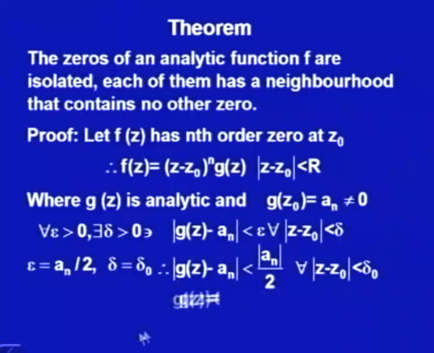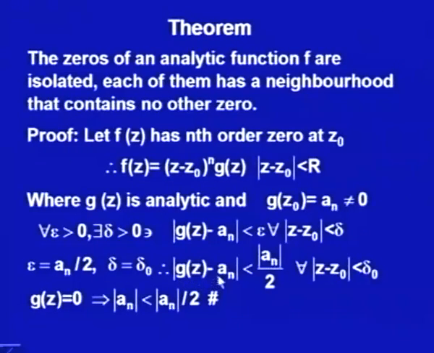From here, if G(z) is 0, I would get this |z minus a_n|, which would actually be |a_n|, and that is smaller than |a_n| by 2, but this is a contradiction. I am taking |a_n| as a positive number, and I am saying it is less than half of itself, which is not possible. So this is a contradiction, hence G(z) cannot be 0 in this neighborhood.